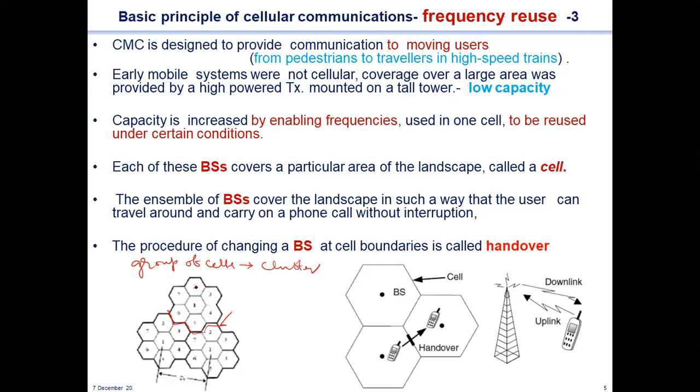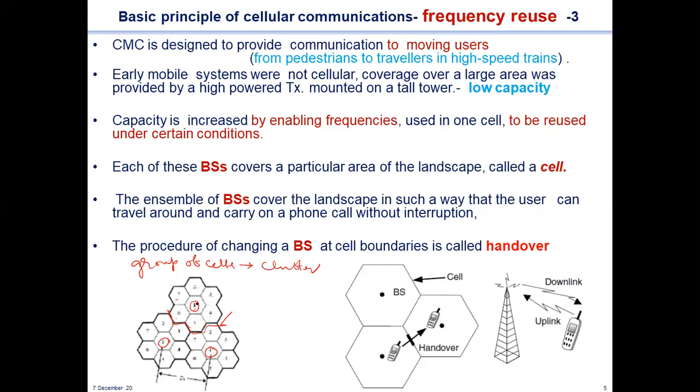This is 1, 2, 3, 4, 5, 6, 7. The set of frequencies that are used in these cells will be used here only, not anywhere else, so that there will not be any co-channel interference.